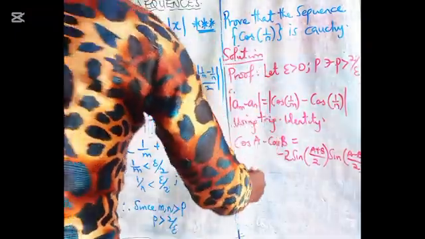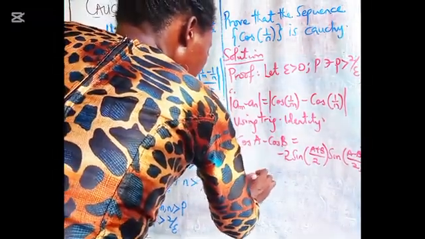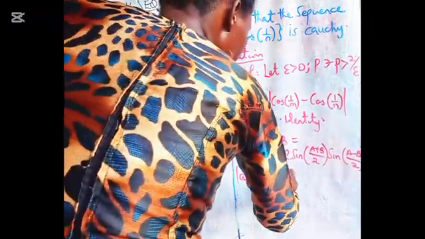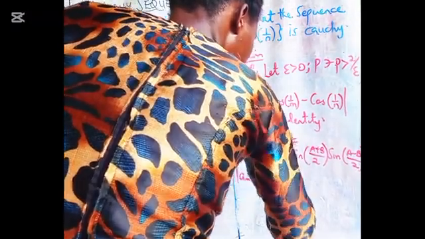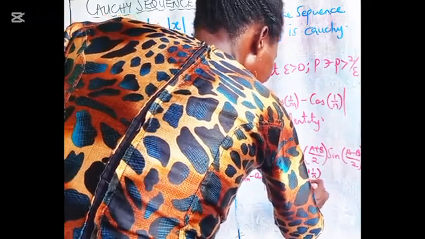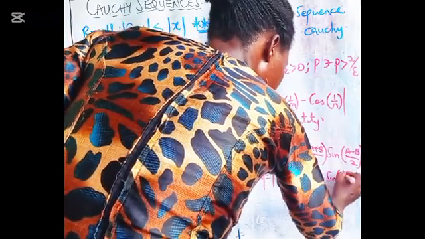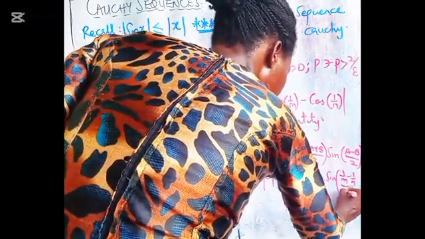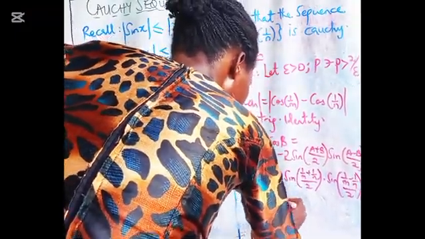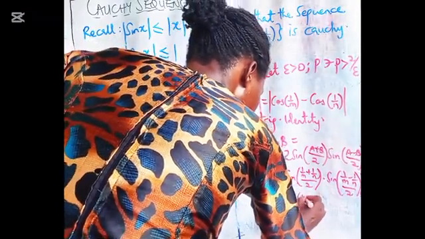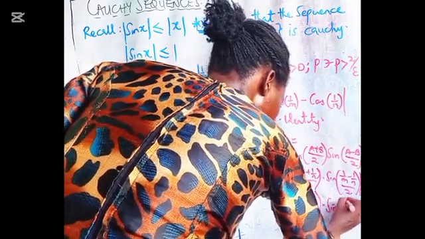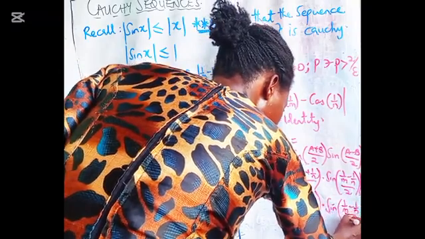Therefore, using the trig identity there, we have the absolute value of a sub m minus a sub n to be equal to the absolute value of minus 2 sine (1 over m plus 1 over n) over 2 into sine (1 over m minus 1 over n) over 2. The absolute value takes care of the minus.